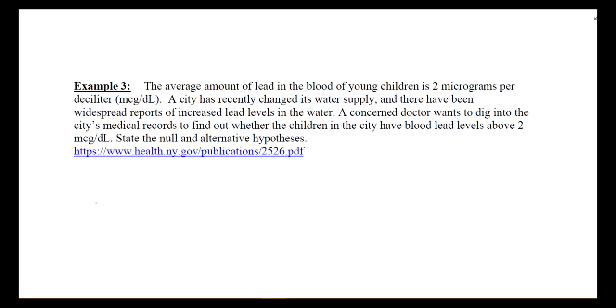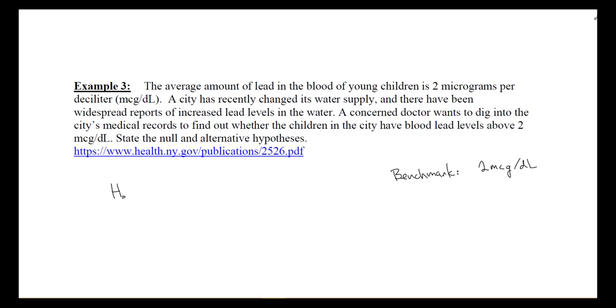Okay, so in this case, what is our benchmark? Our benchmark is 2 micrograms per deciliter, and you really should have units with that. Okay, and so now let's write our null and alternative hypotheses.